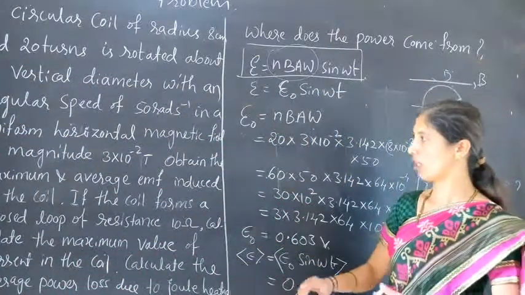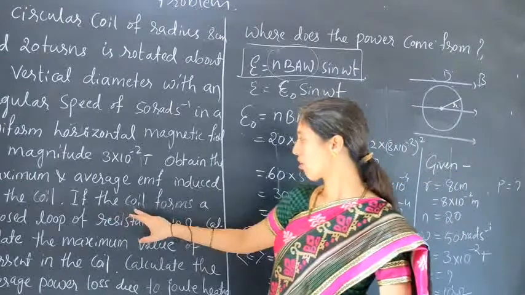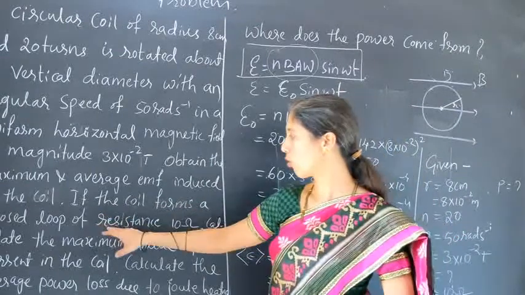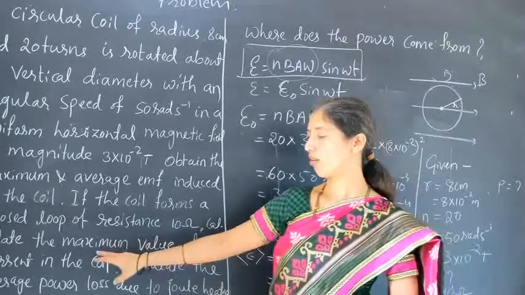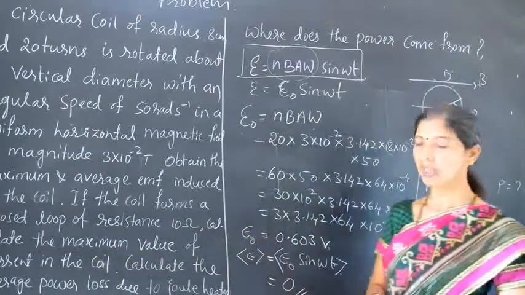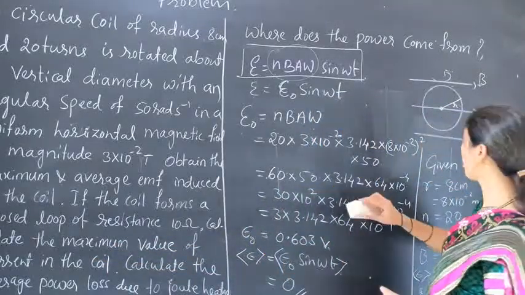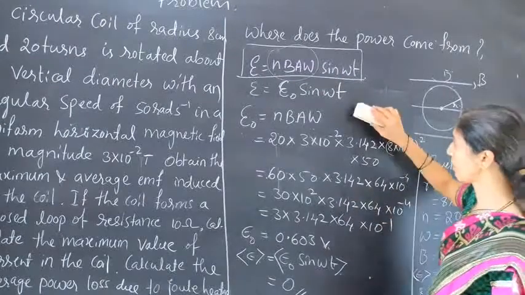First part is over now. Next is, if the coil forms a closed loop of resistance 10 ohm, calculate the maximum value of the current in the coil.